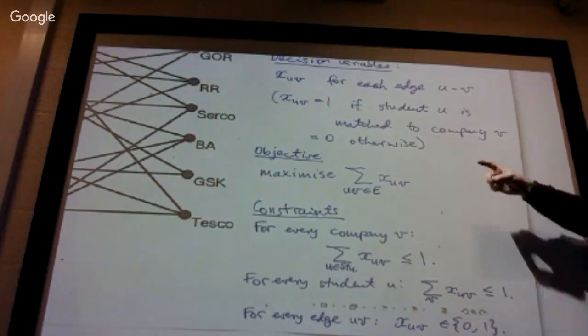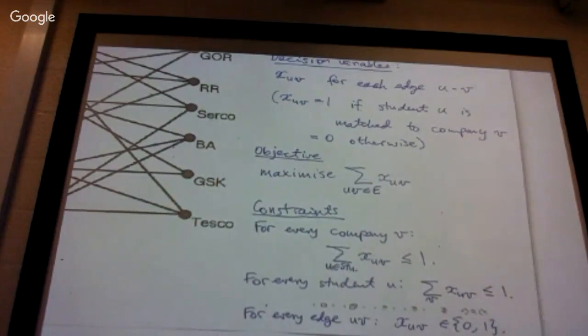Well, first you solve this linear program without integrality constraints. What's going to happen? Well, by the theorem, the solution will be all integer.